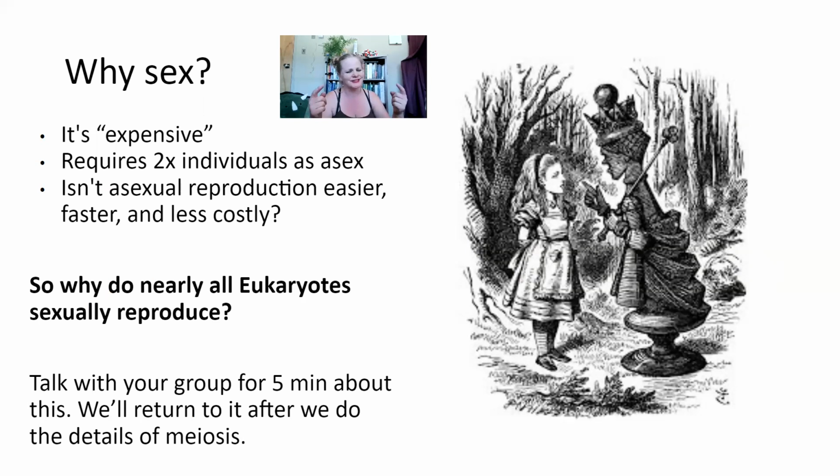And like when you try to collaborate with people, it gets complicated. Asexual reproduction is faster, it's easier, it's less costly. So why do we see almost all eukaryotes able to do sexual reproduction? Think about that for a minute.